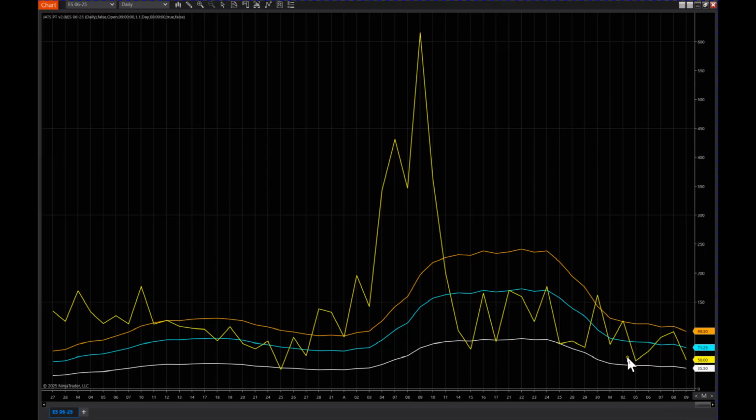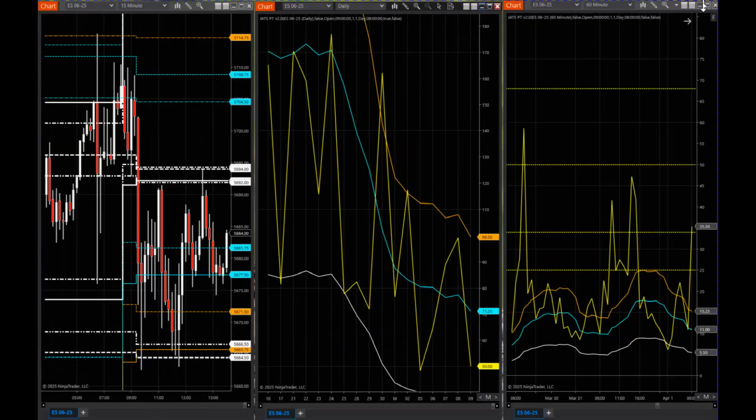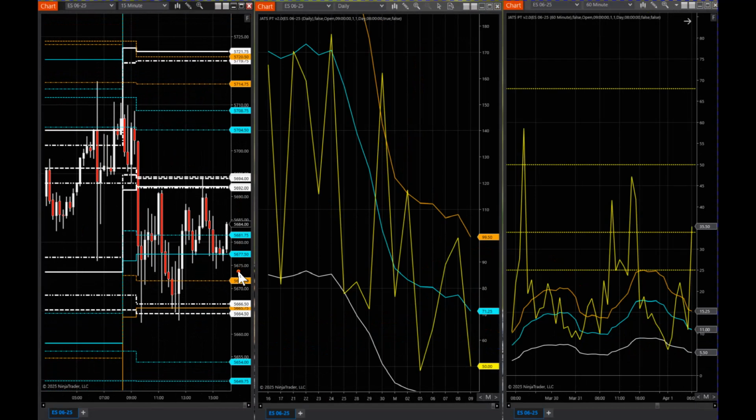We can see that the R vol is inside the H vol and the range was contracting, and you look at Friday and it's exactly what happened. It's a small range day inside the one. So this works really well.